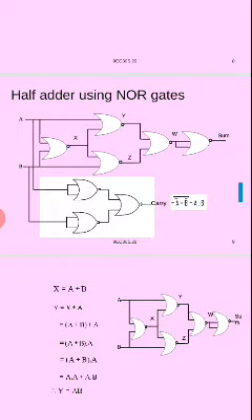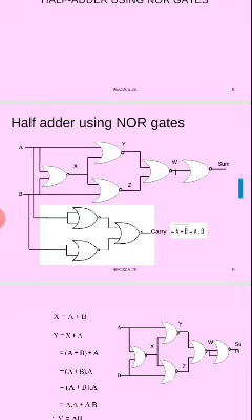Here in this figure, for the sum output, there are five NOR gates. For the sum output, 5 NOR gates. For the carry output, 3 NOR gates.